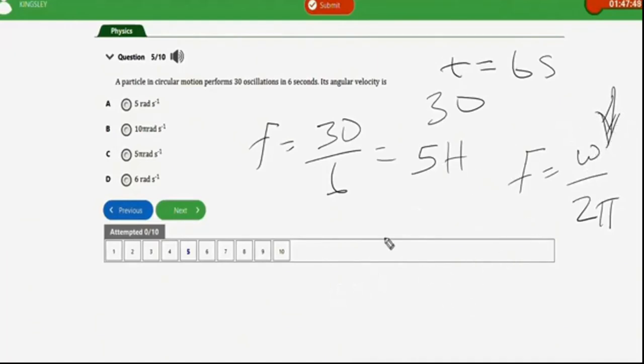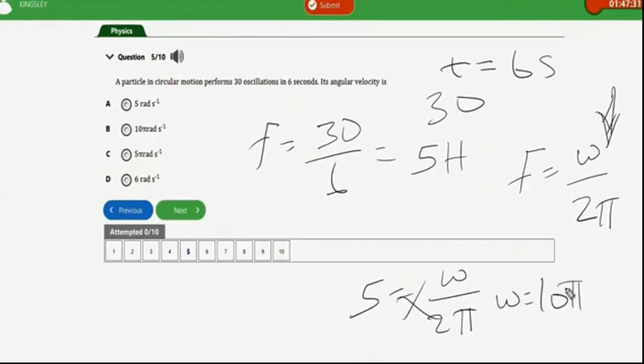So when you plug in the values to make w the subject of the formula, we have frequency is now 5, so 5 equals w over 2 pi. When you cross multiply, w will be 5 times 2 pi, which gives 10 pi radian per second. So the correct option in this question is option B. Take note of this particular question as well. That's it. Let's wipe this and solve the next repeated question.